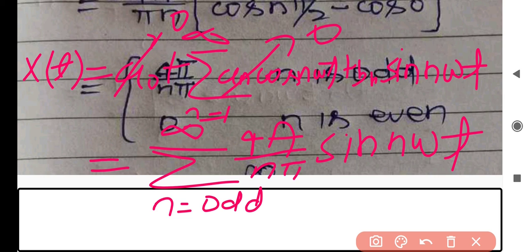So this is the Fourier series representation of a signal having quarter wave symmetry.